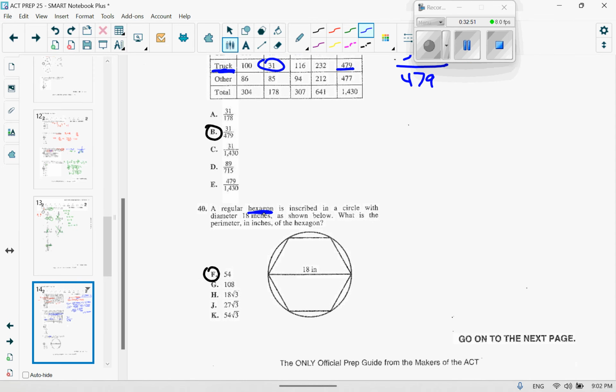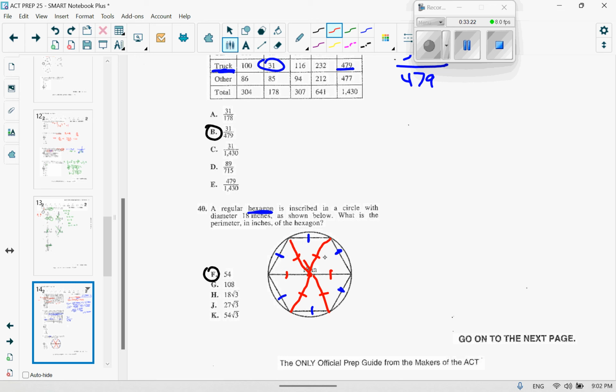This is a regular hexagon, which means I know that each one of these sides is congruent. It's the definition of regular. Technically, this is inscribed in a circle, so I can make radii from the center to each of these. And I know that the radii all have to be congruent. And because this is an inscribed figure, I know that the radii are also congruent with the sides right there.